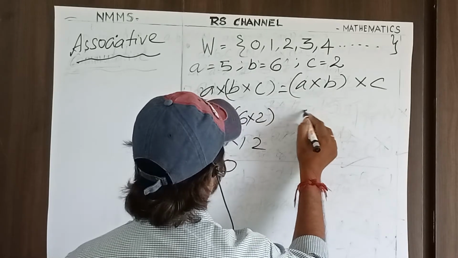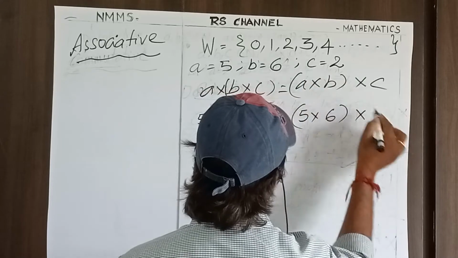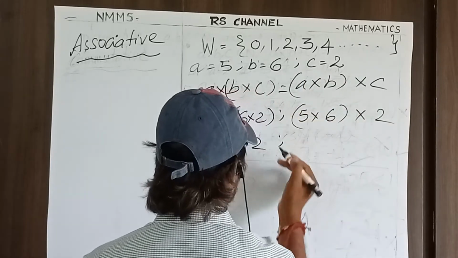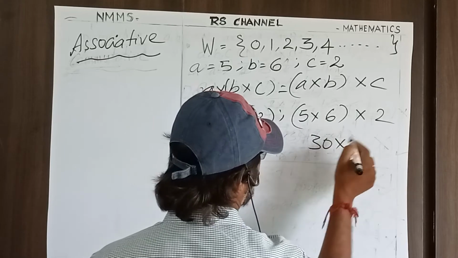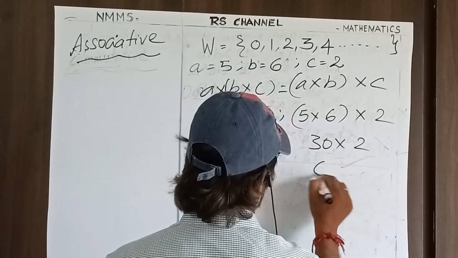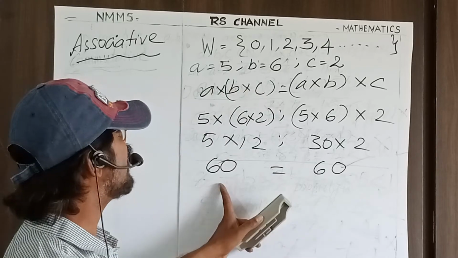Now 5 into 6 into 2: 5 sixes are 30, into 2 is 60. Both are equal. This is also getting 60.